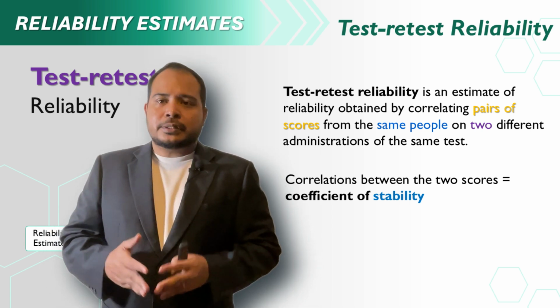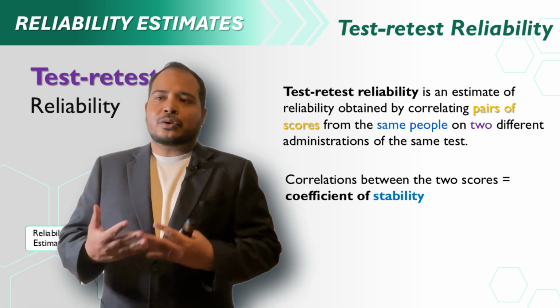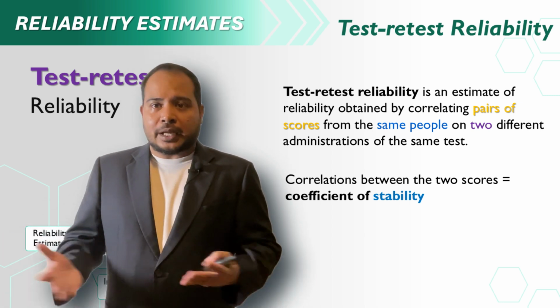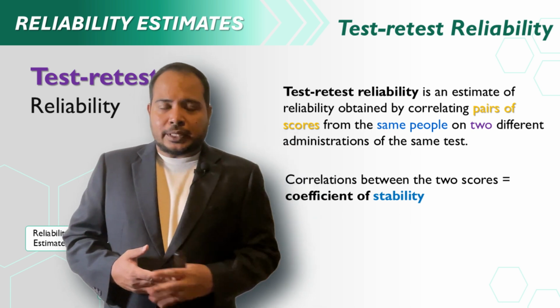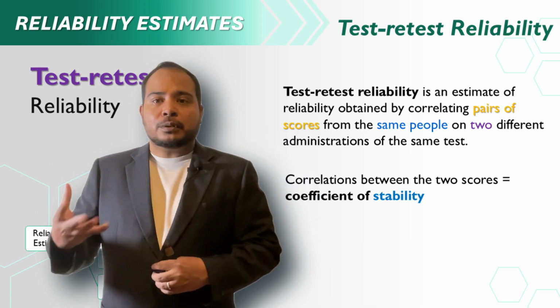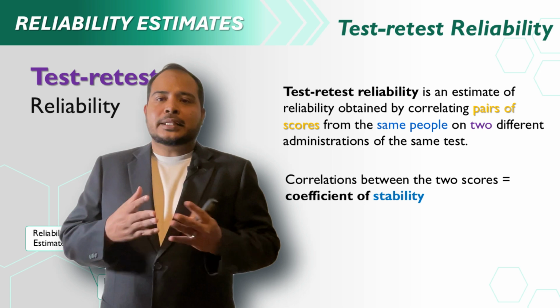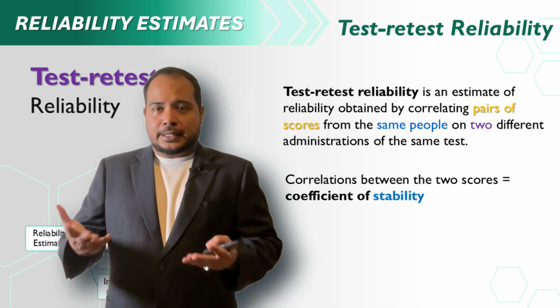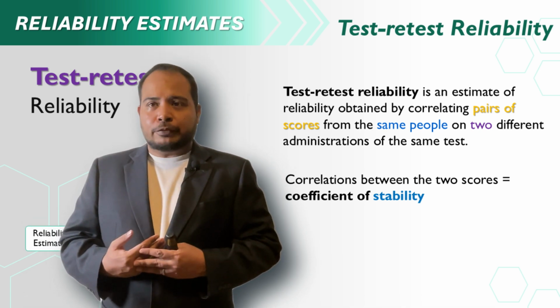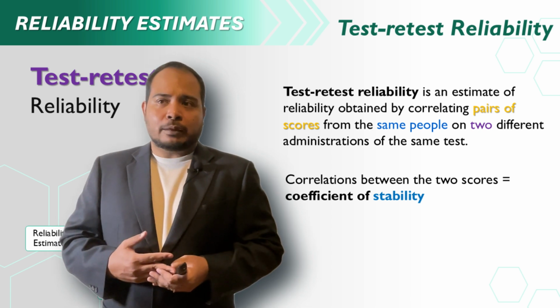But sometimes some constructs are not stable over time and fluctuate over time, so it is not suitable for us to establish internal consistency reliability. Instead, the option that we have is to use test-retest reliability.